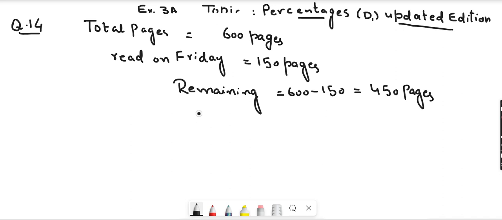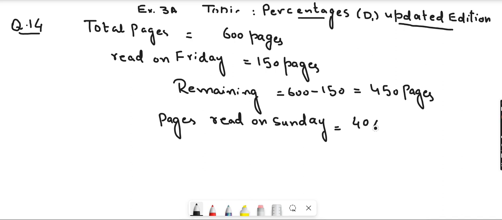Then after that, 40% of the remaining pages on Sunday. So pages read on Sunday will be 40% of the remaining pages. The remaining pages are 450.